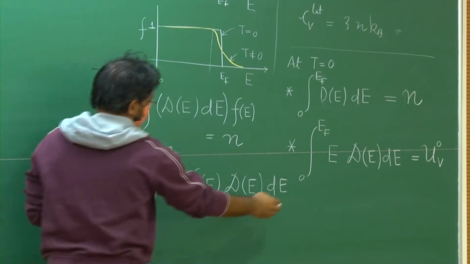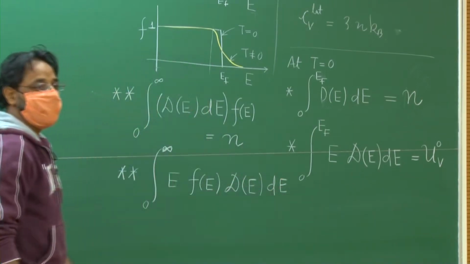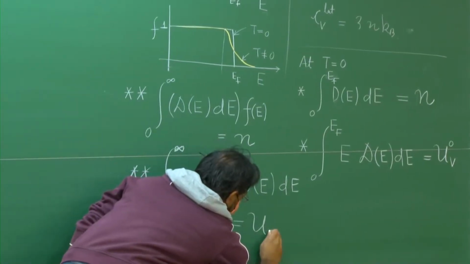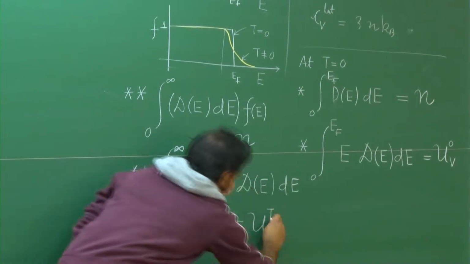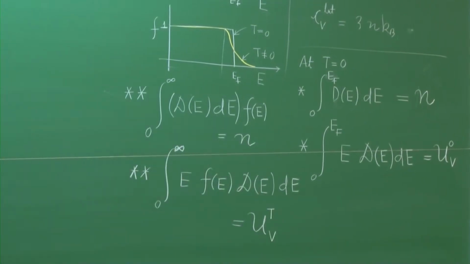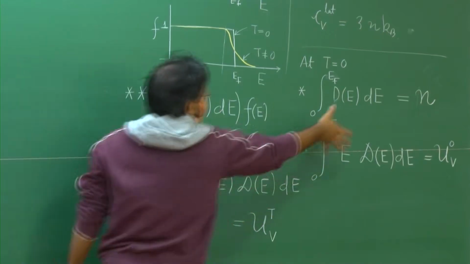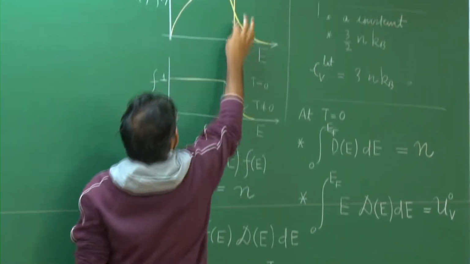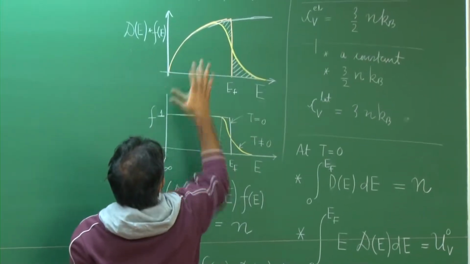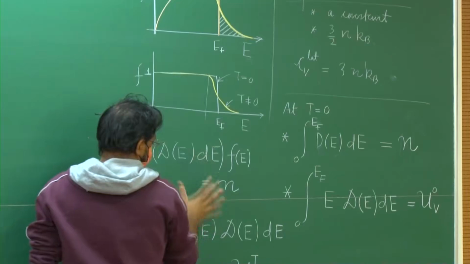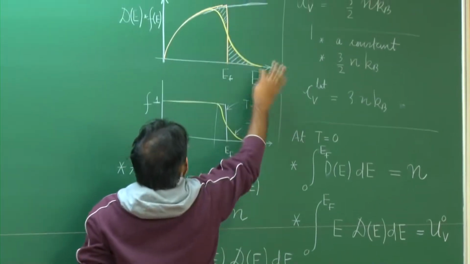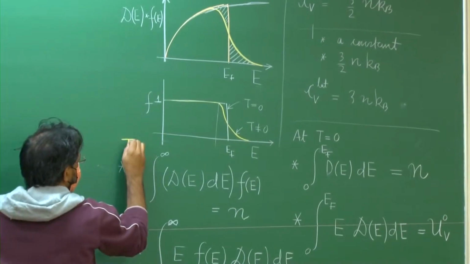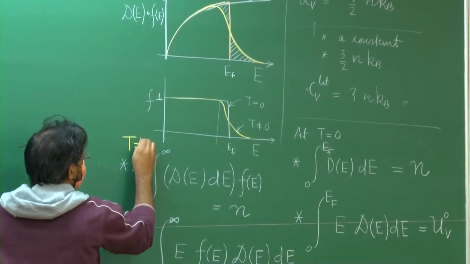This quantity will give you the total energy at temperature T. So this quantity will be U(V,T). Okay. So now these two identities correspond to 0 temperature, or the orange plot, the area under the orange plot, and these two quantities correspond to the yellow plot, the non-zero temperature. This is for T non-zero, at any finite temperature.